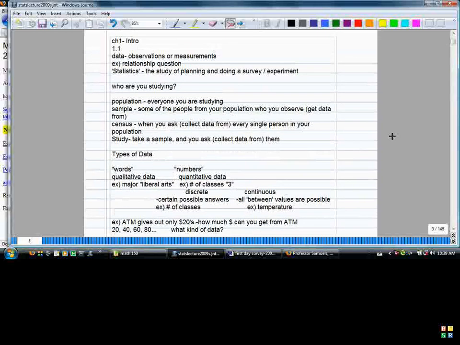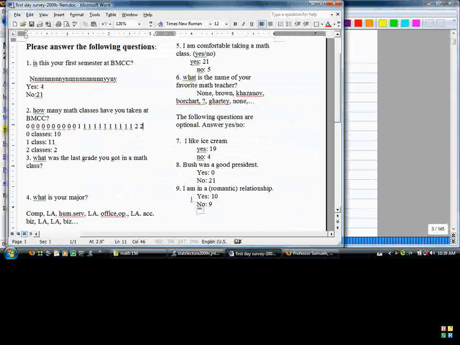Okay. So a quick note, something that I mentioned earlier, but I want to make sure it's clear. Writing these things down. In question number 1, what kind of data do we have? Is it quantitative or qualitative?